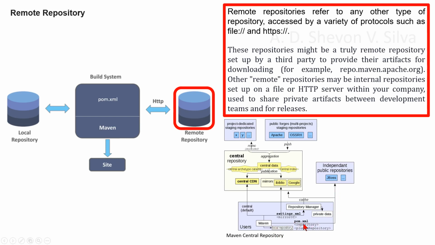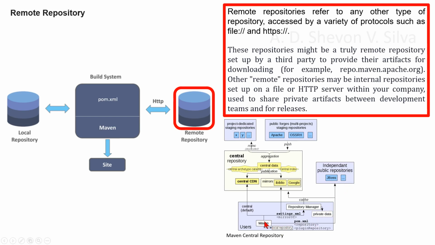The POM file is passed from Maven to independent public repositories. These are the repository and plugin repositories, and the independent public repositories include JBoss and others.